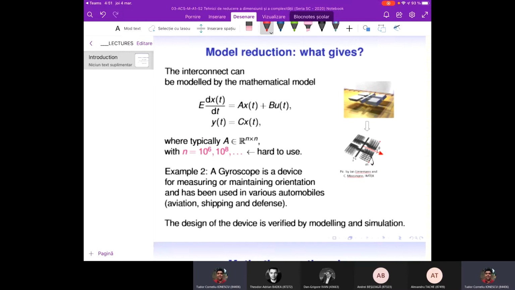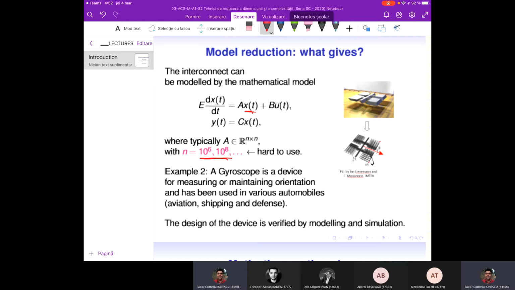In detail, apart from the picture you have just seen, the model of this huge electrical circuit is given by the set of equations I showed you earlier, where typically the dimension of the state vector X, which is also the dimension of the square matrix A, is of this range: millions, billions, trillions, and so on of equations.